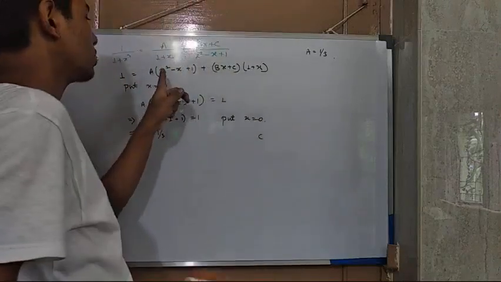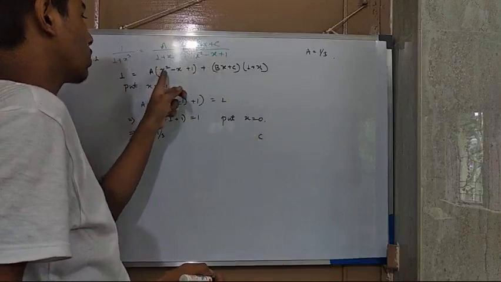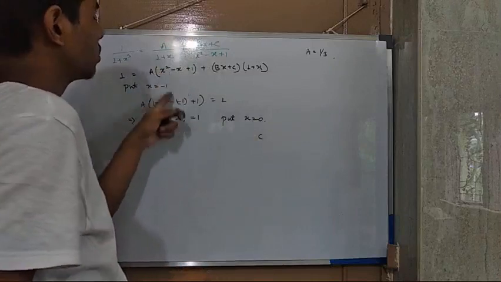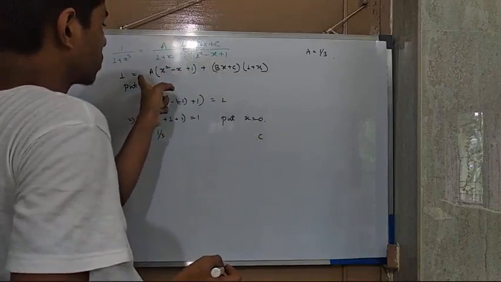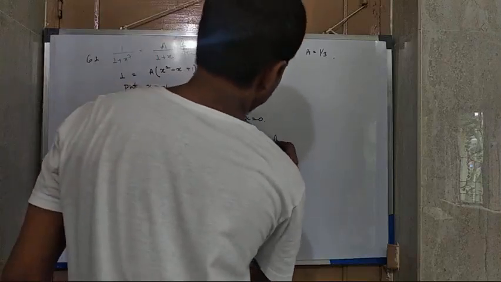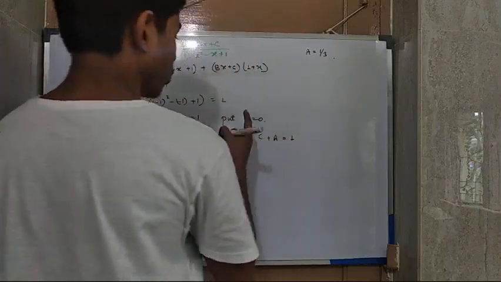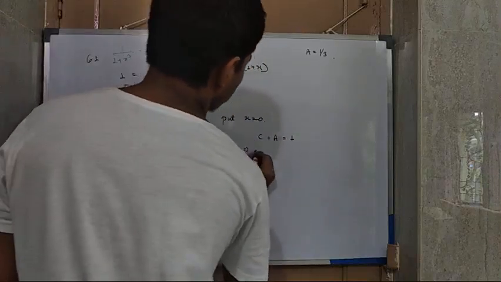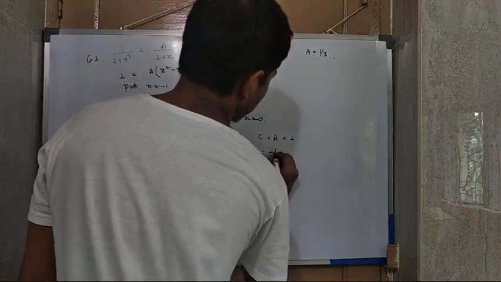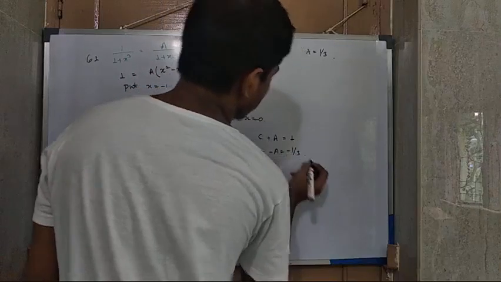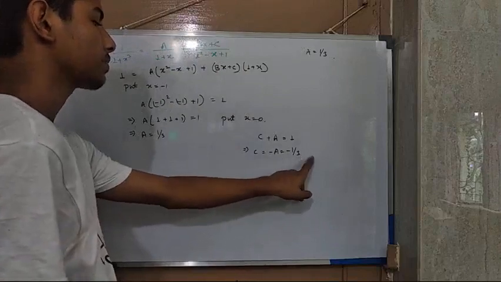And 0 minus 0 will go off, and this is just plus a. So c plus a is equal to 1. That means c can be minus of a, which is minus of 1/3. So this is the value of c.